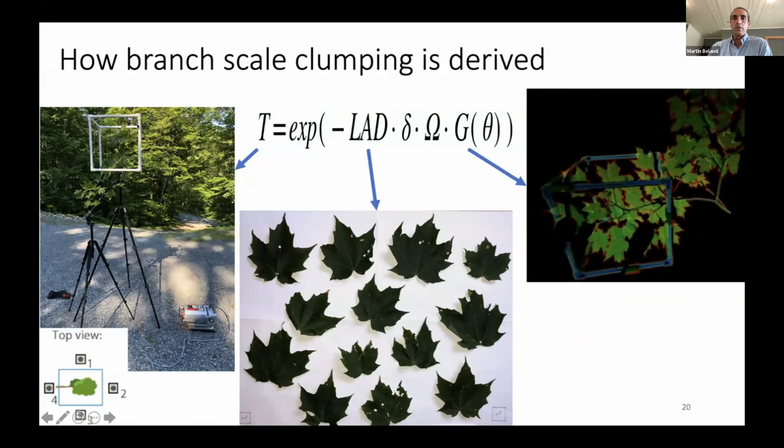After we make the LiDAR measurements, we collect all the leaves inside the box and measure the leaf area of those leaves. And we also, from the LiDAR data, collect the orientation of each of these leaves in space to get an estimate of the projection factor associated with the orientation of the leaves. And when we do this, then we can isolate omega, which is the clumping factor.